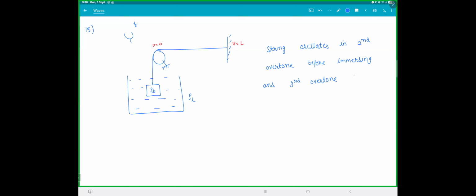Find rho b by rho L. The block's density is rho b, the liquid's density is rho L. Everything else is the same, the tuning fork frequency, everything else. Straightforward question. I just messed up the tension there.